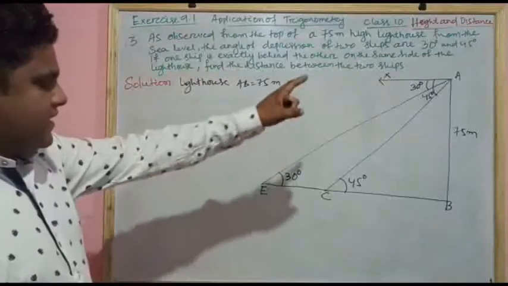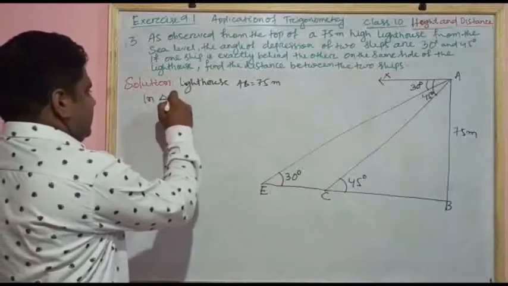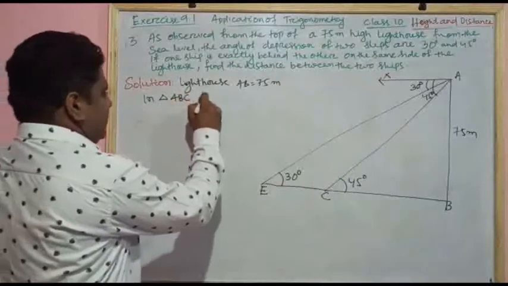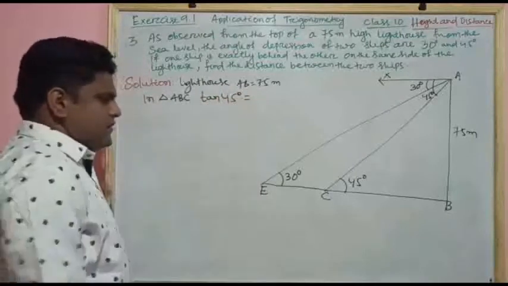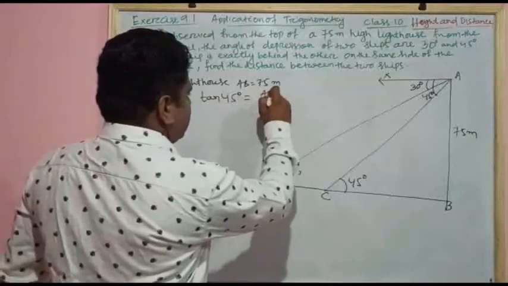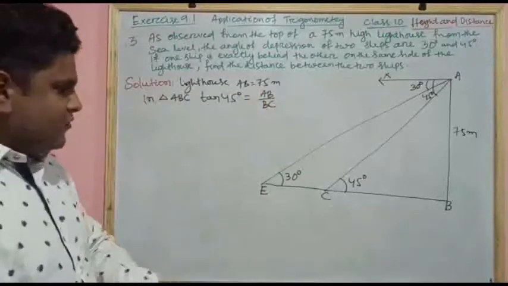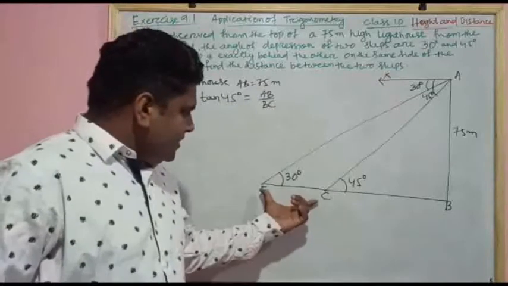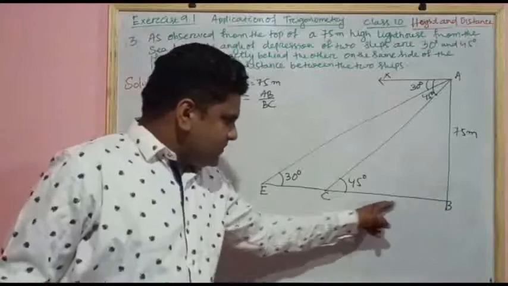Now in triangle ABC, tan 45 degree is equal to AB by BC. First we must remember that we have to find the distance between E and C. For this purpose, first we have to find the distance BC.